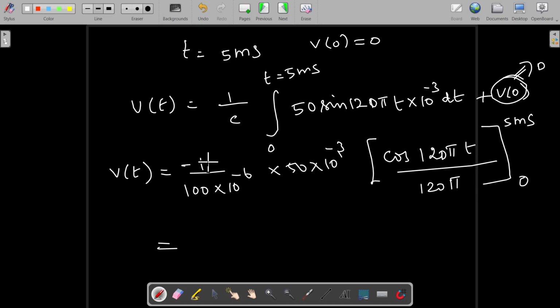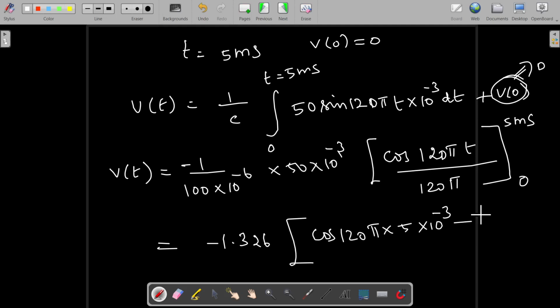So we already got minus 1.326 for this, but this cosine value changes, isn't it? Cos 120π into the t value of 5 milliseconds, so it is 5 into 10 power minus 3, minus cos of 0.